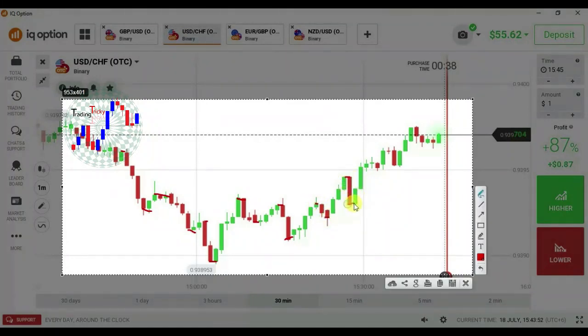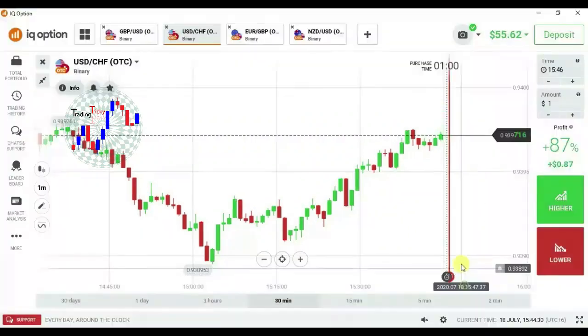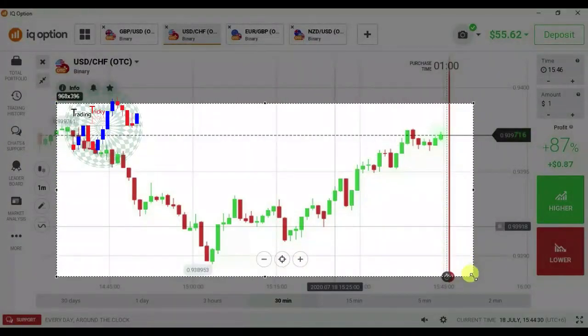So it's something like this. Every price action is a support and resistance, but you should not follow all the support and resistance. Okay, so here let's draw only major support and resistance.